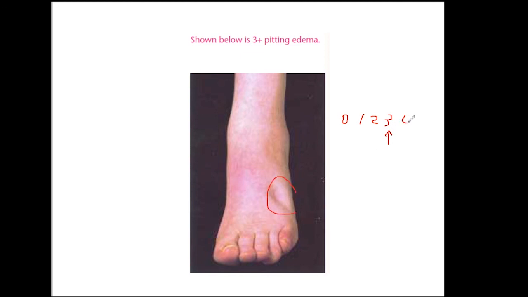For this one, we still put our thumb there and push about 5 seconds. Then we remove our thumb. We can still see the mark there, a little bit deeper. So we say 3 positive PT edema.